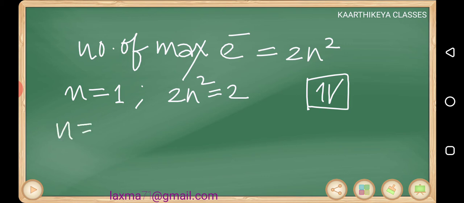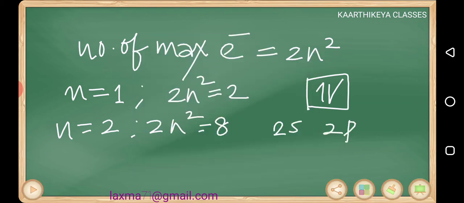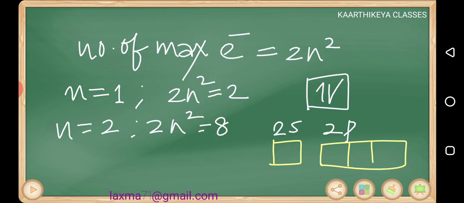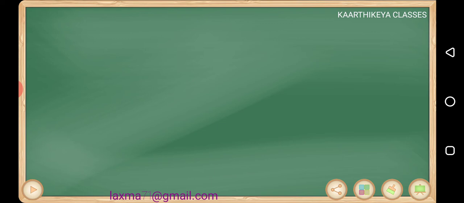If n is equal to 2, 2n square is 8, with 2s and 2p orbitals, so 8 electrons are possible. So the number of subshells is n, the number of orbitals is n square, and the maximum number of electrons is 2n square. This is the importance of the principal quantum number.